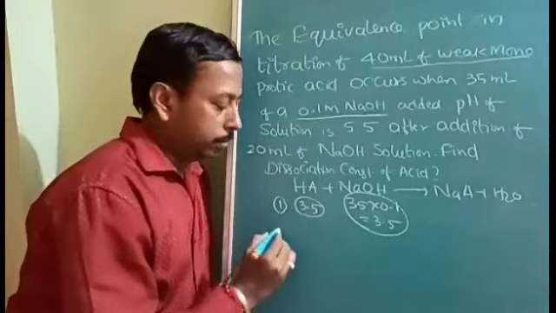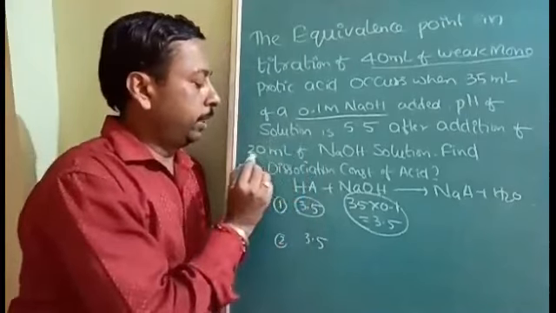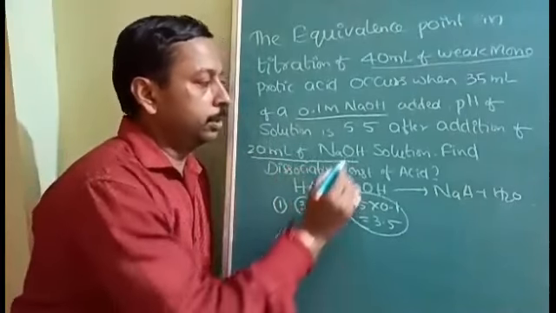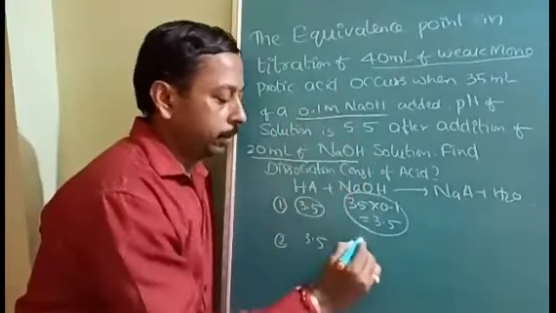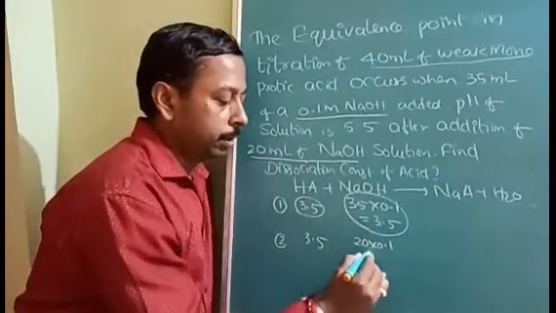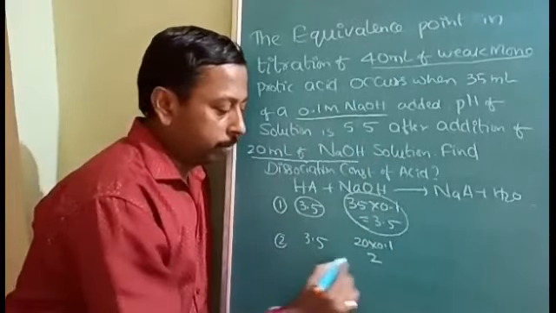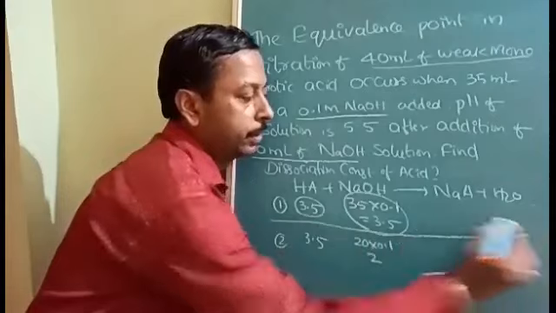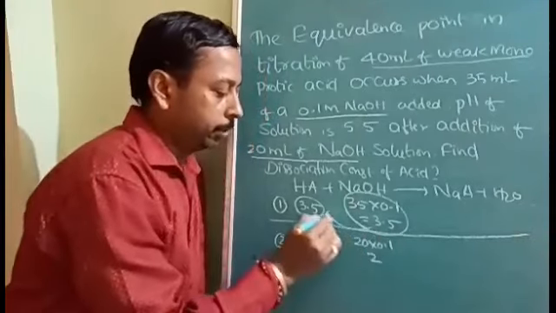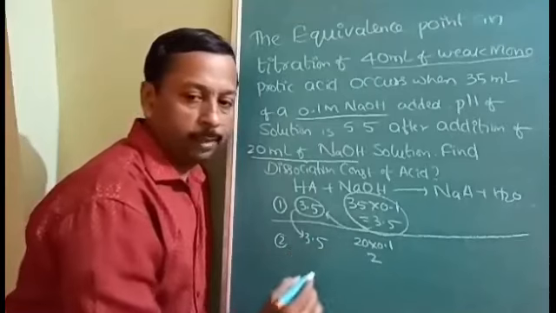Now, if the acid is 3.5, we have added 20 ml of NaOH. 20 into 0.1 is going to be 2. So after the reaction, how much will be left over? This is the first condition. Here I have written 3.5 and 2.